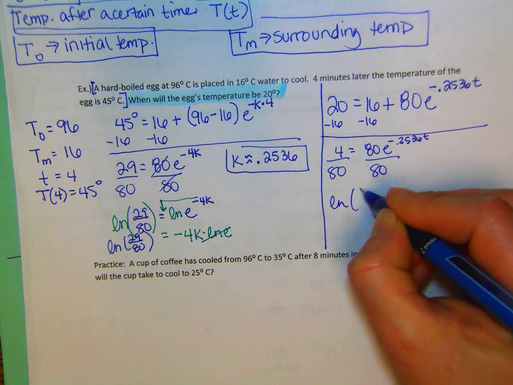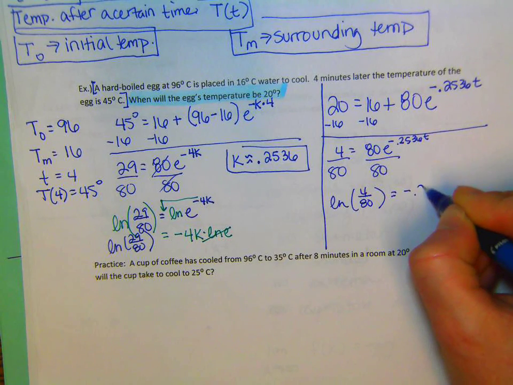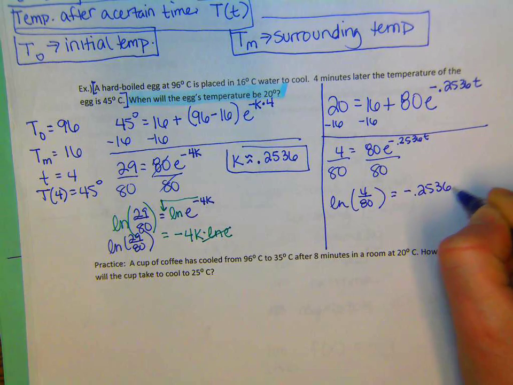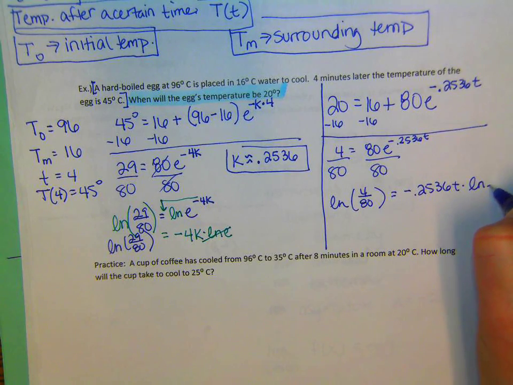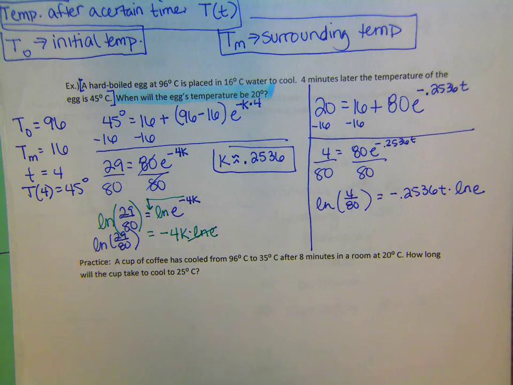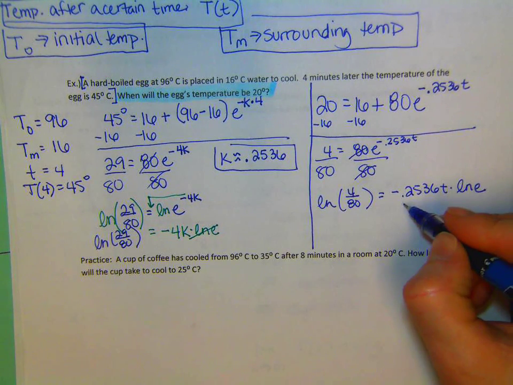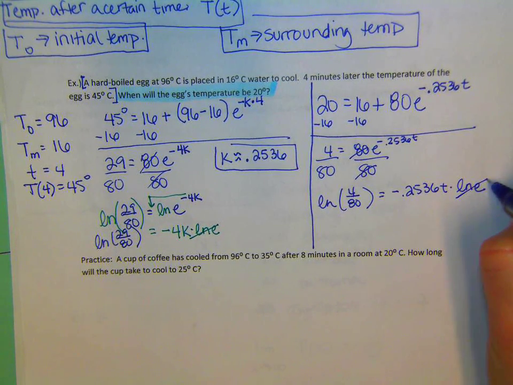Take the natural log, which drops that power down to the front. And then I can cancel out natural log.